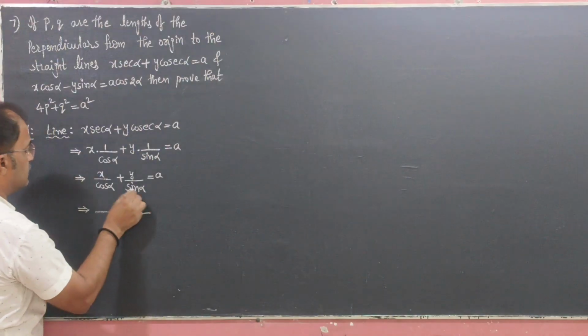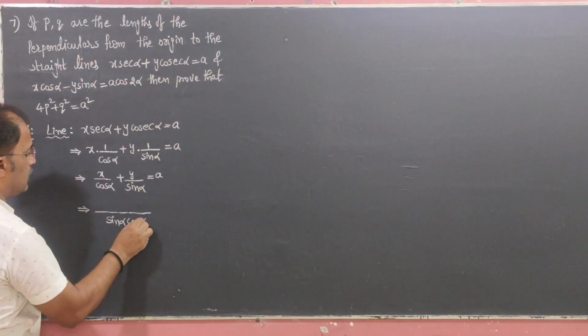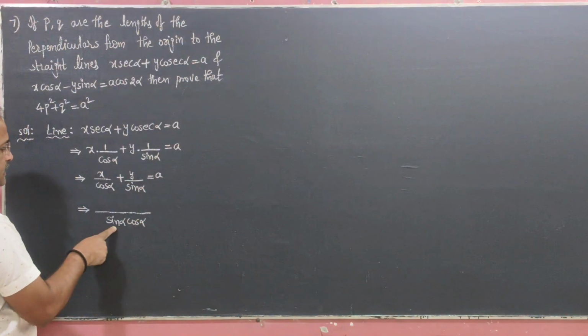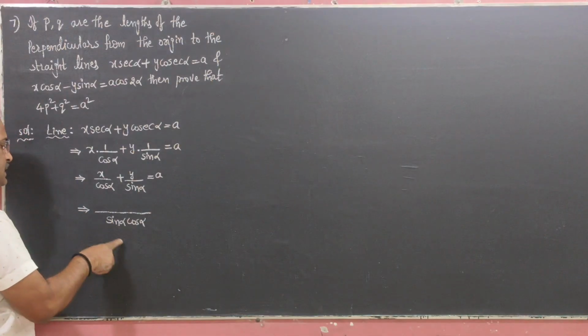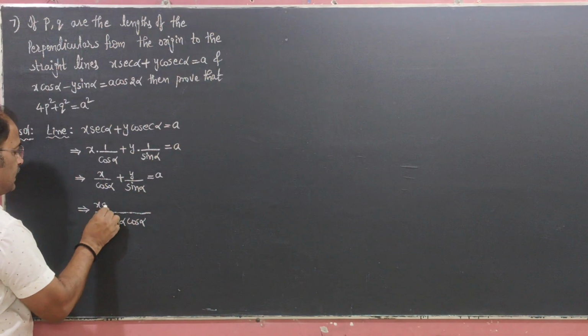So what is the LCM? For the sin term and cos term, we can write cos alpha into sin alpha. Cos alpha is here, missing is sin alpha, so the numerator is x sin alpha.